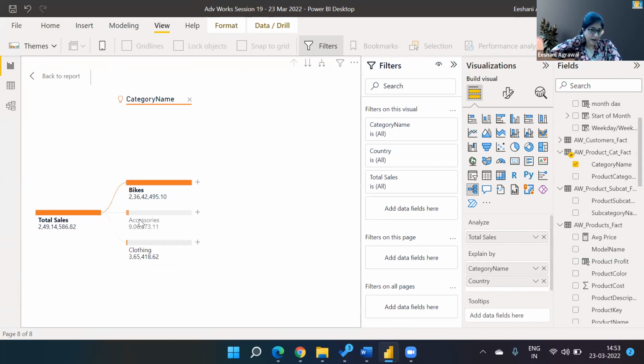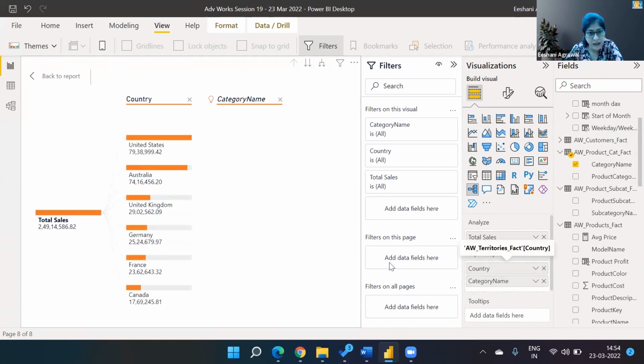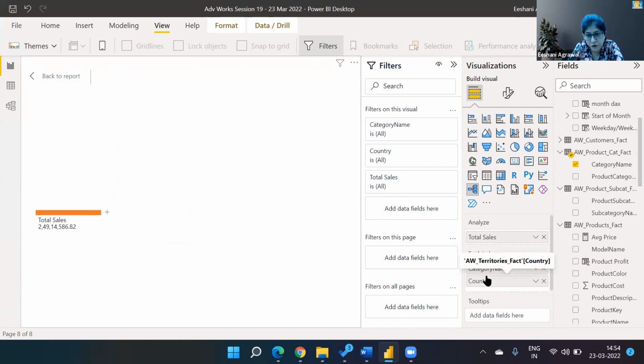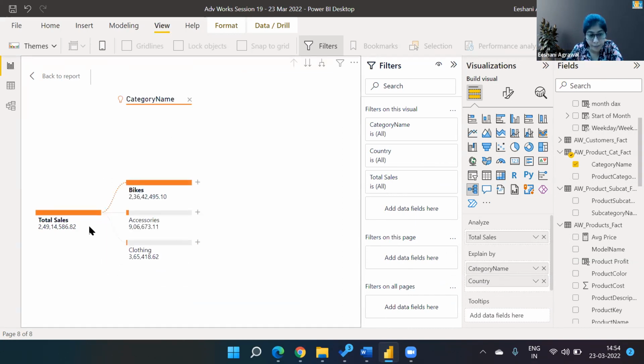If I'm doing high value, it is not showing me country anymore, even though if I shift the country over here, then it is showing me country, but otherwise not. So look over here, I'm pushing the country on the top. So it's country and then category name. I'll click here, I'll click high. It is going to give me the category. So what is high actually doing?